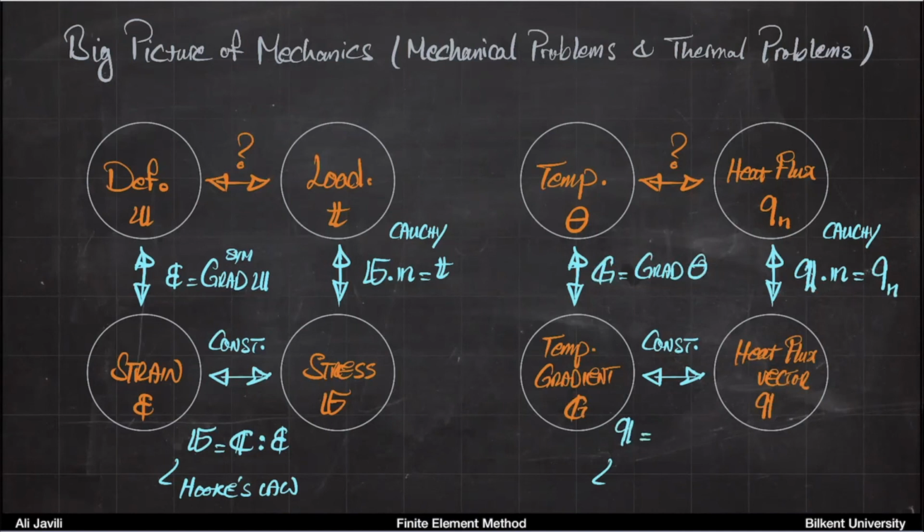And remember, this is like a linear relationship between a stress and a strain, right? So if you want a linear relationship between heat flux and temperature, then you would have this factor K, which is like a constant coefficient for you, times G. So G is temperature gradient.